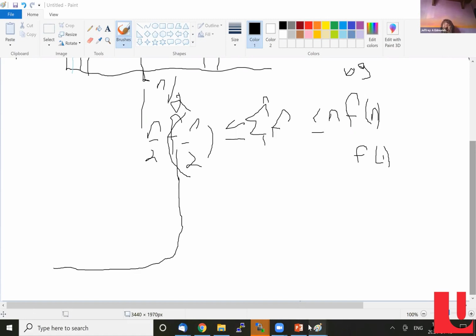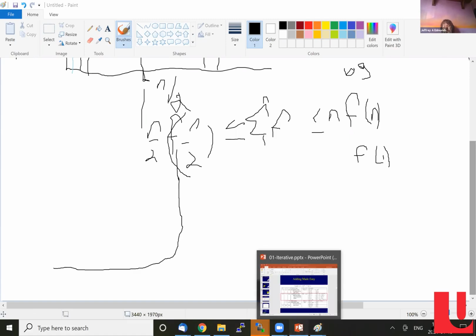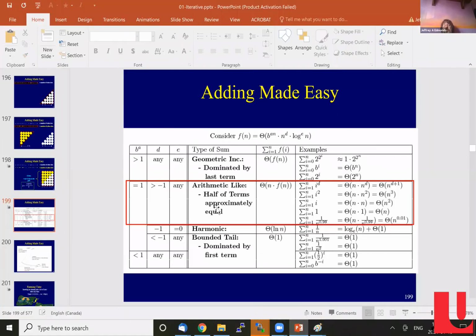If you're adding up 1 plus 2 plus 4 plus 8, and so forth, we're going to do that example later, but you might know that it adds up to double the last number minus 1.